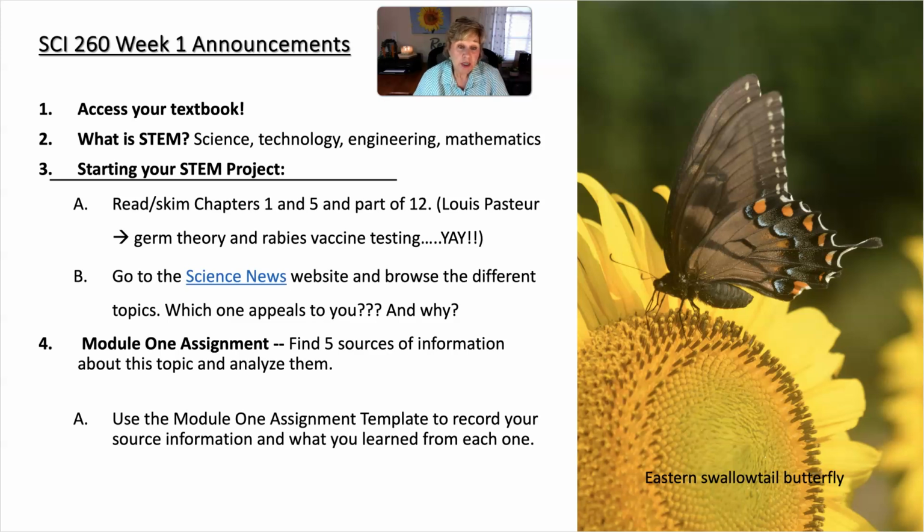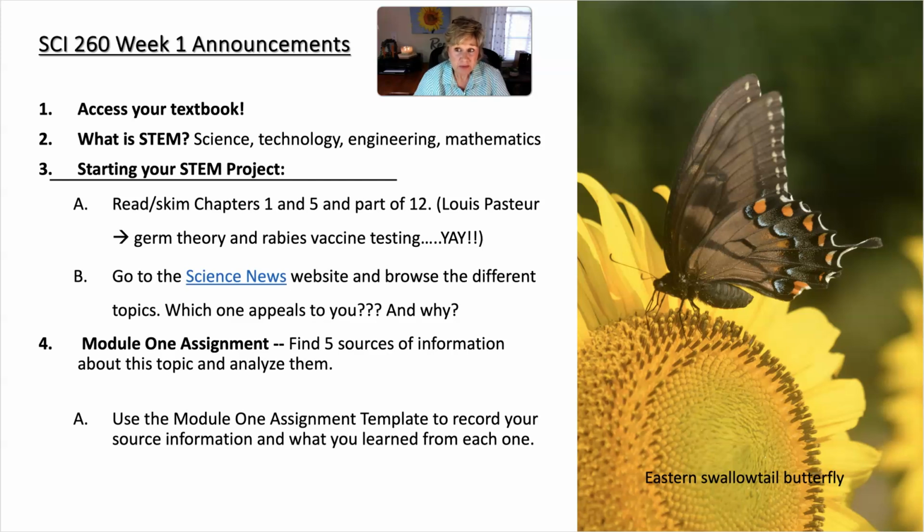You're going to start your STEM project. And how are you going to do that? The first thing that you're going to do is take a look at 3 of the chapters in the textbook. Now, I say read chapters 1 and 5 and most of chapter 12, but really I think you could skim through these chapters and get an idea of what is going on.